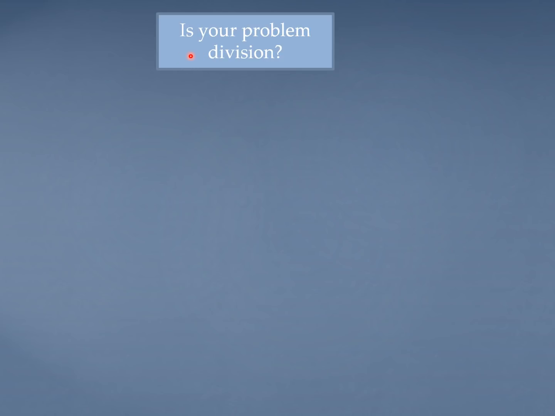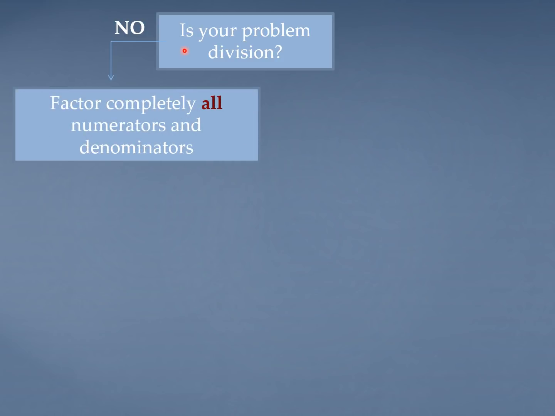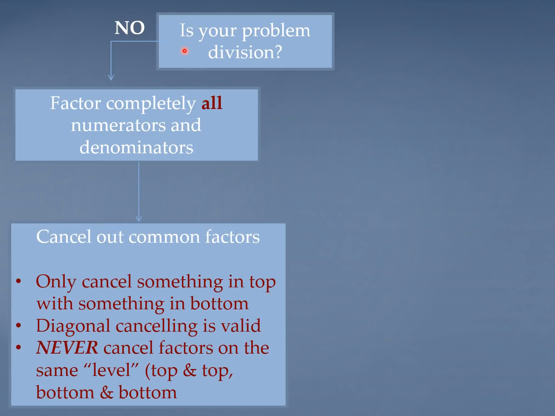And the best case scenario is the answer to that question is no. In other words, the problem that you're given is multiplication. If you're given a multiplication problem, what that means is you're just going to do what you're used to doing with simplifying rational expressions. You're going to factor everything, all the numerators, all the denominators, and after we factor, what do we do? We cancel, cancel, cancel, right?